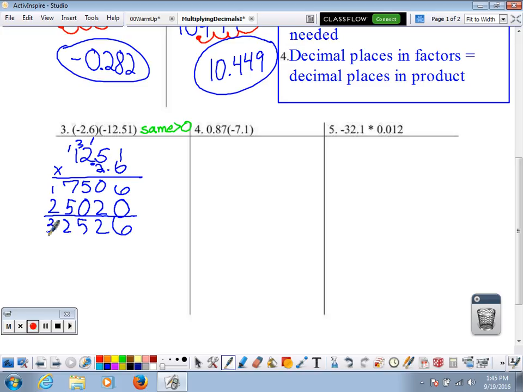Excellent. Okay, so we did the multiplication part. Now we need to think decimals. So Kayla, tell me this. How many decimal places in our factors? 3 decimal places in the factors.